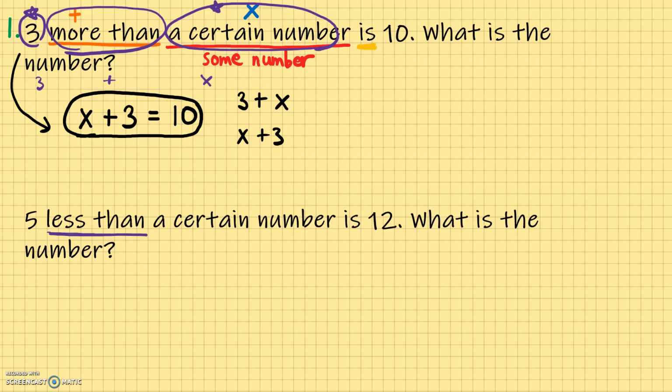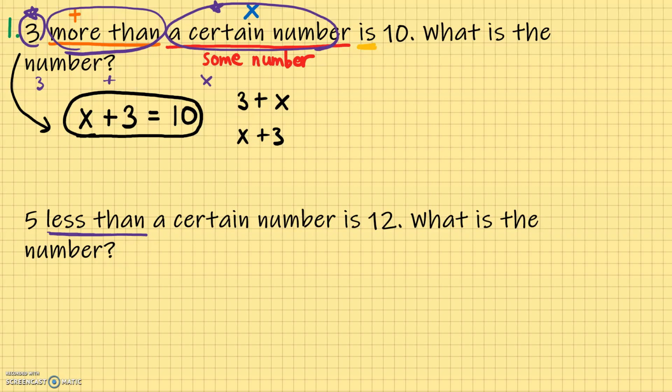3 more than a certain number. It doesn't matter too much with addition, since doing 3 plus x and doing x plus 3 is the same thing. Same thing as doing 2 plus 3 and doing 3 plus 2. But you'll need to be more careful with that when we're doing subtraction. So just know that when we have more than or less than, you have to switch the number and the letter.